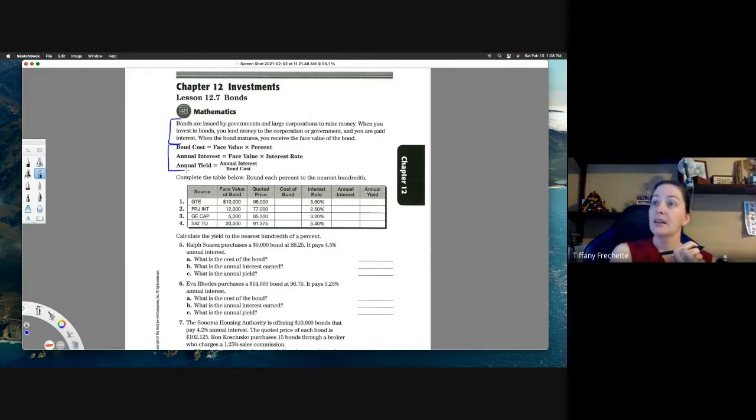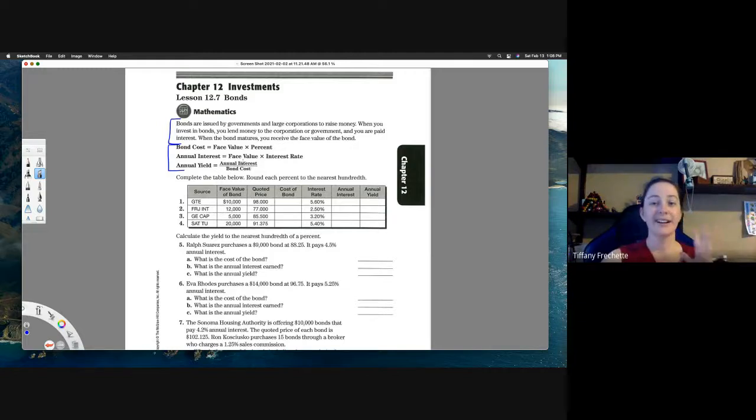So we can calculate a few things here. So we have bond cost equals the face value times the percent. So pretty basic calculation there. Annual interest equals the face value times the interest rate. Again, pretty basic calculation there, not too crazy. Annual yield, we're just going to divide the annual interest. So you have to calculate that first, and then you're going to divide by the bond cost.